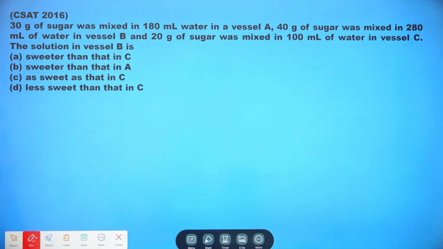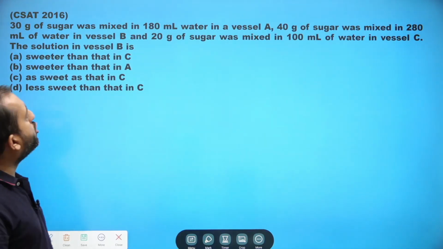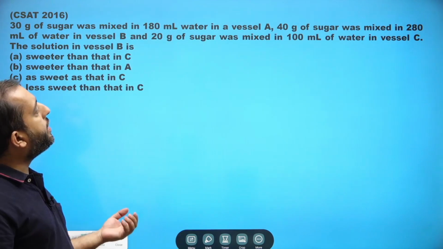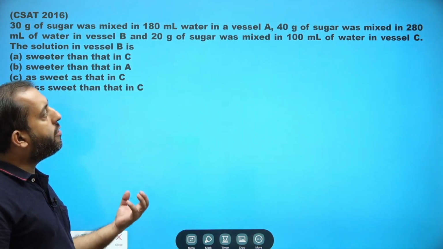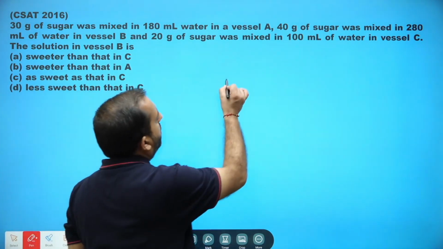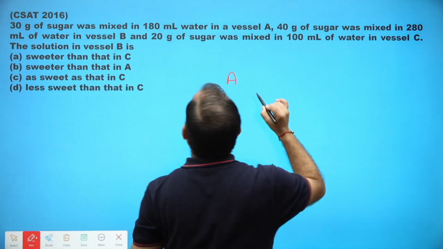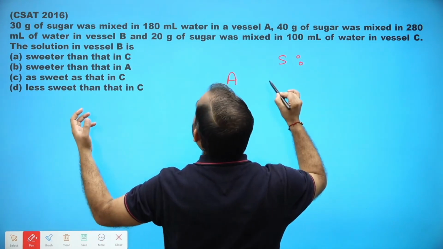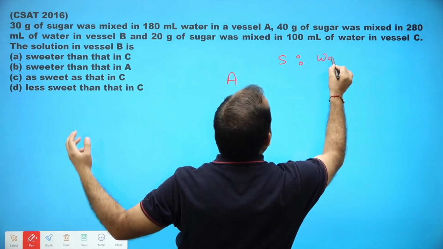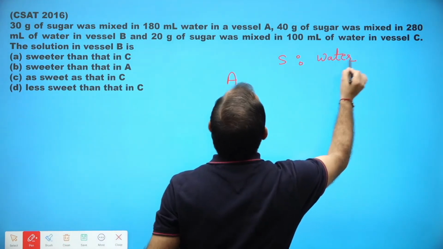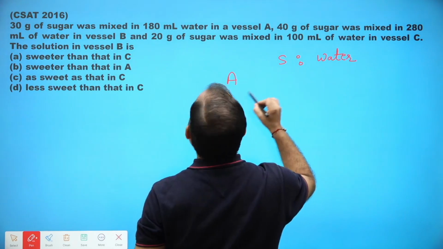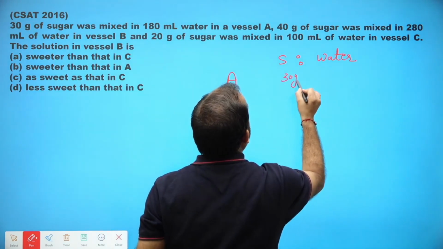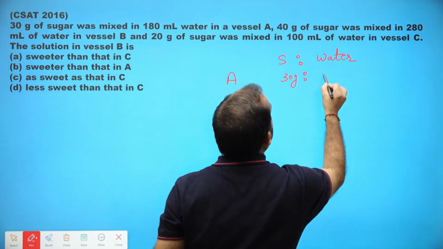It says 30 gram of sugar was mixed in 180 ml water in a vessel A. So in vessel A, sugar is to water is 30 gram is to 180 ml.